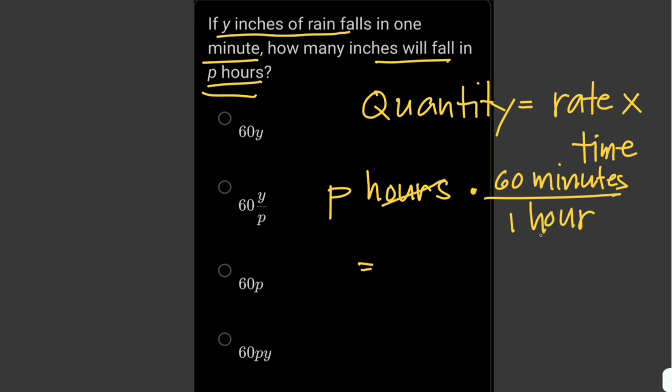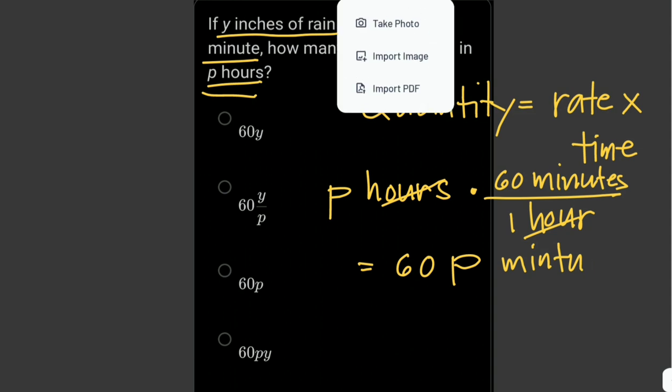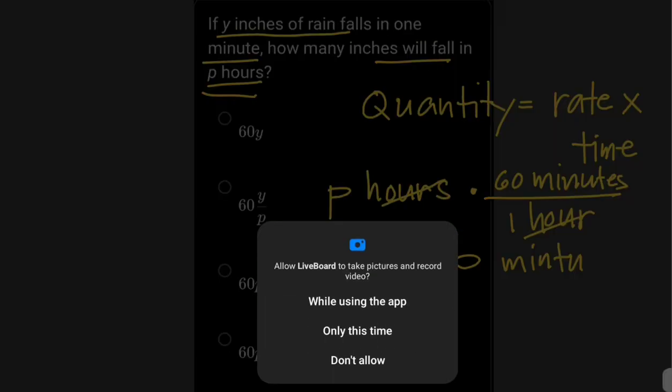And then hour here cancels out, then we get 60 times p minutes.